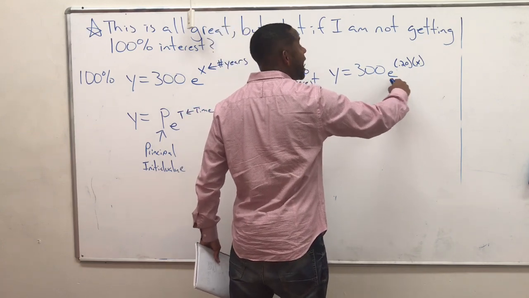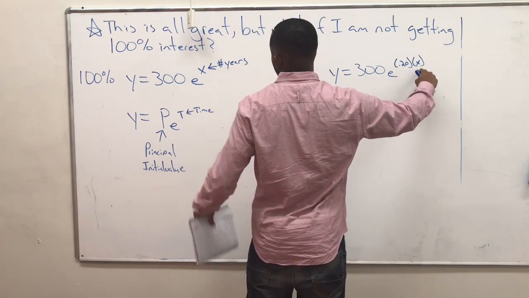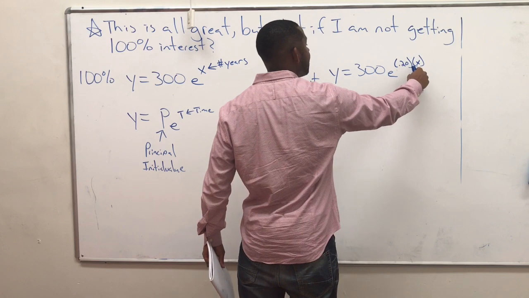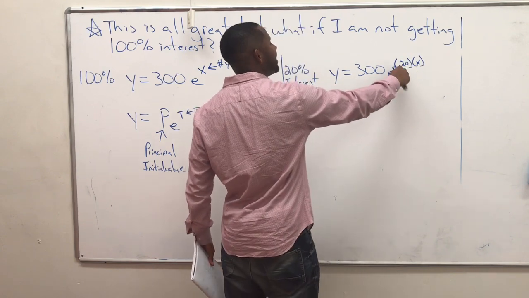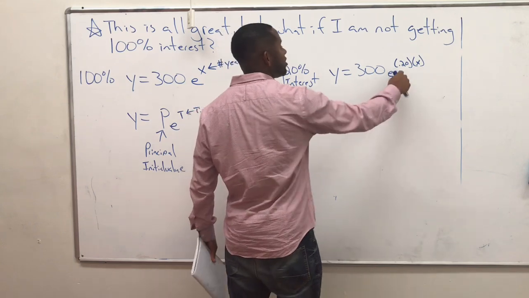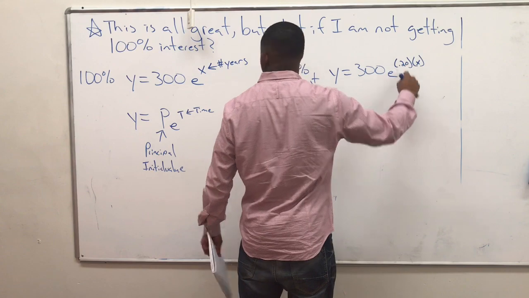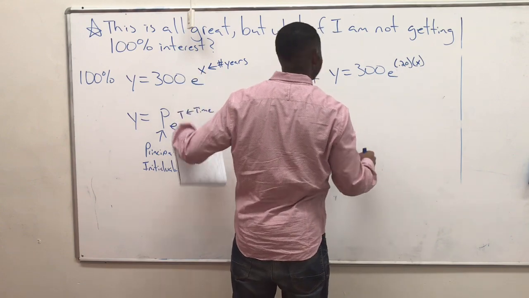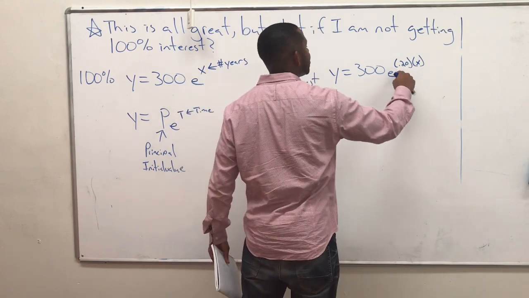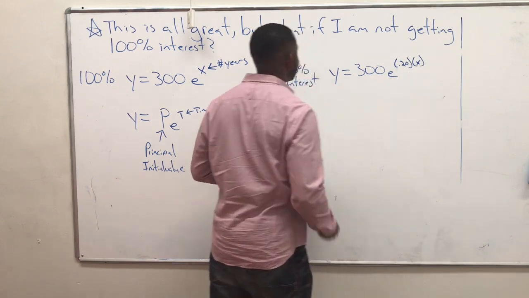It's continuously compounded, so I need to use E, but here's where the difference is. Before it was just times the time, but now I'm only getting 20% of this E, not 100%. So this is how I show that the account gives me 20% as opposed to the 100% here. All right, so I put that in here. So it's e to the exponent of 0.20 times x.